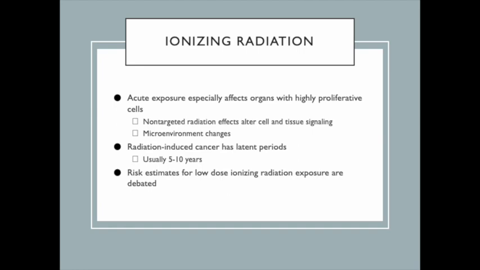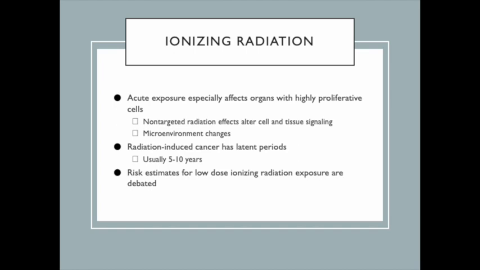Acute exposure to irradiation can cause damage to our organ systems, especially those with highly proliferative cells, such as the hematopoietic system, so cells that can virtually grow into anything. Also our skin and our GI system.